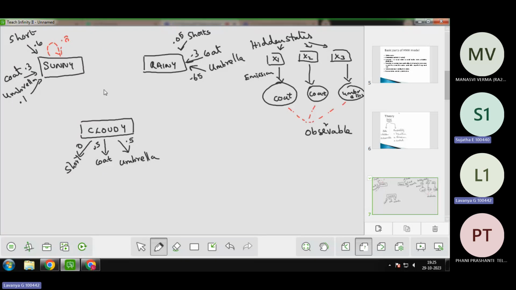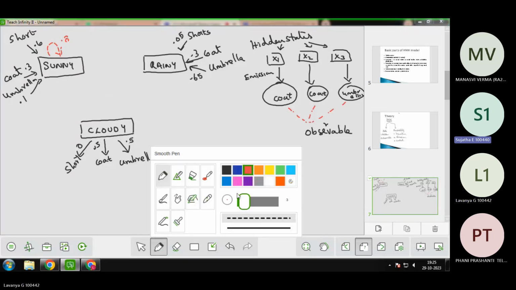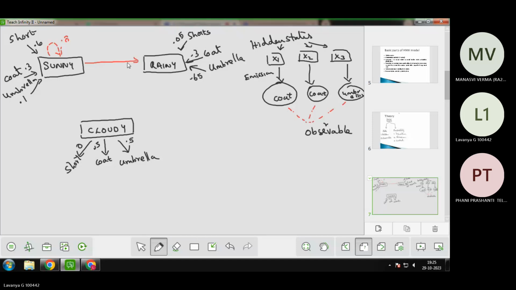Then from sunny to rainy, it is 0.15, and the transition from rainy to sunny is 0.35.